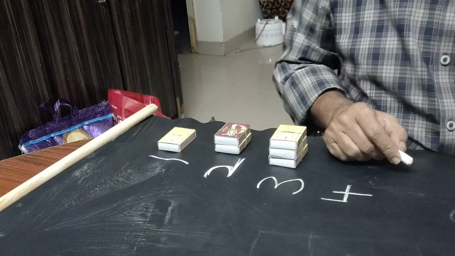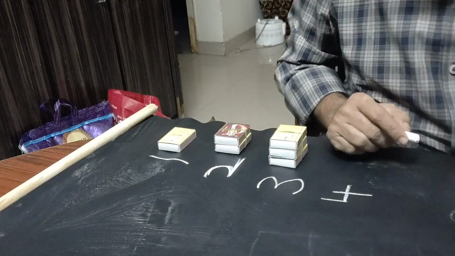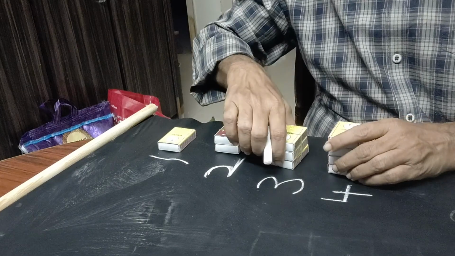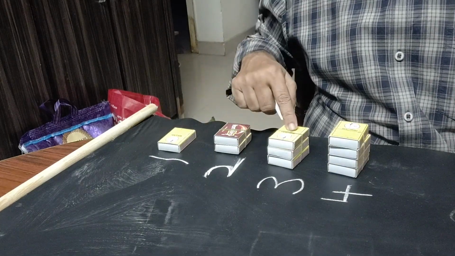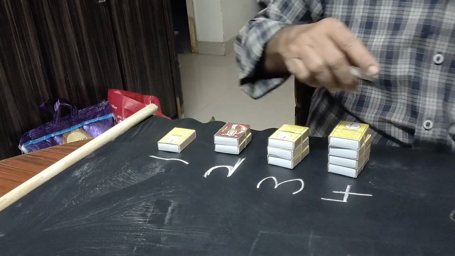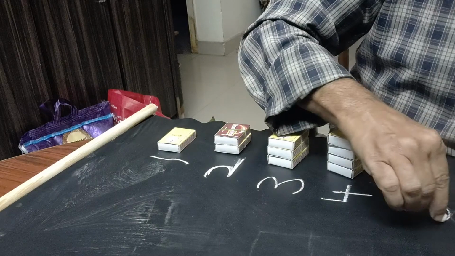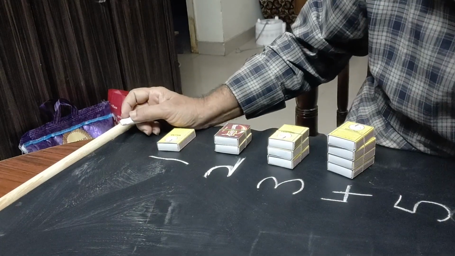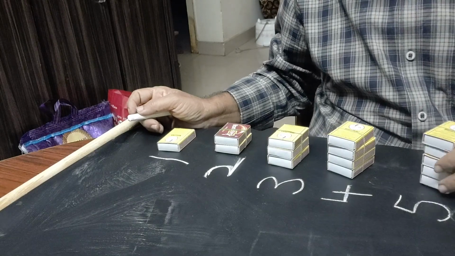Now this is 4. We put here 4 boxes bundle. Here 1, 2, 3, 4. Now this is 5. Now we put here 5 boxes.